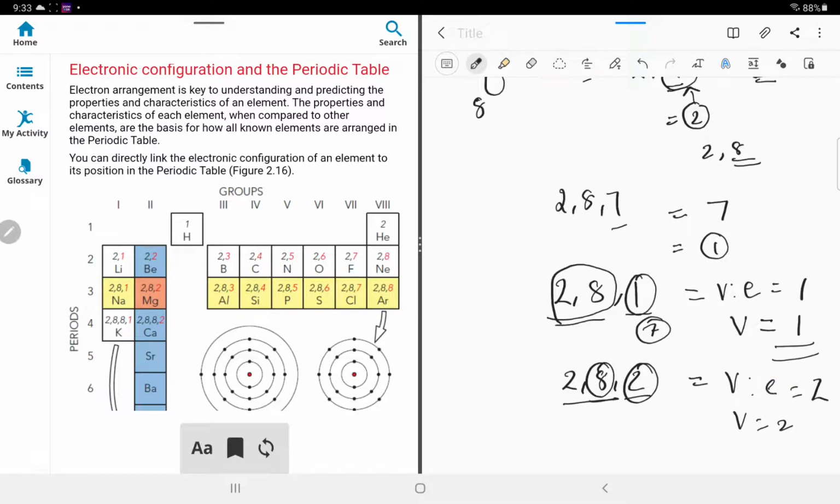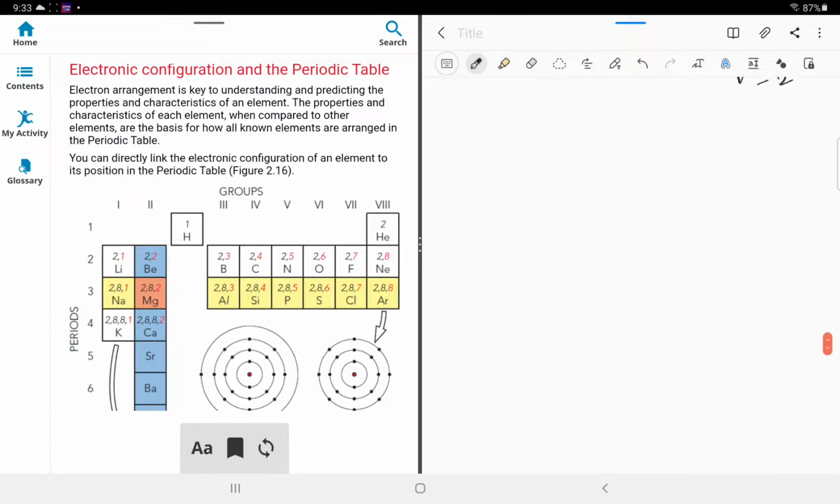So valence electron is the number of electrons in the outermost shell, and valency is the number of electrons it can donate or accept to have an octet. If it is less than 4, it will donate electrons; if greater than 4, it will accept electrons.